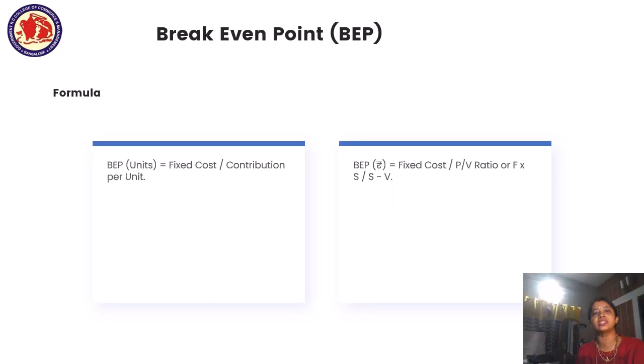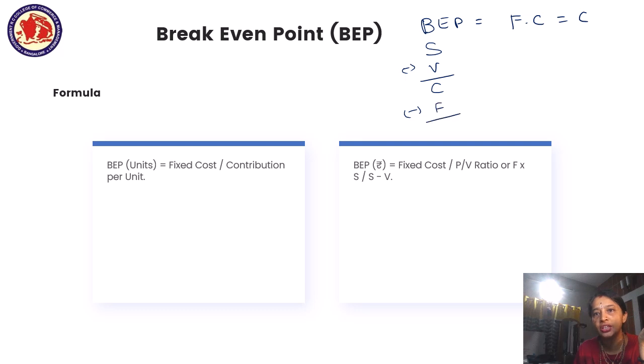Now coming to the next formula, break-even point. What do you mean by break-even point? Break-even point is the point when fixed cost equals contribution. Say for example, your popular marginal costing statement: sales less variable cost is contribution, less fixed cost is profit or loss.